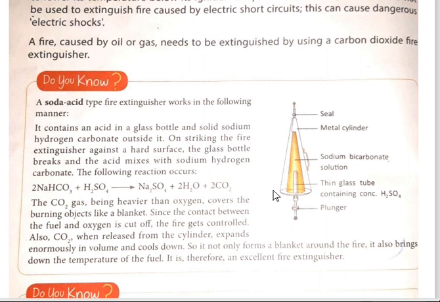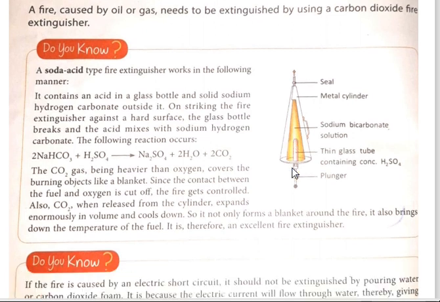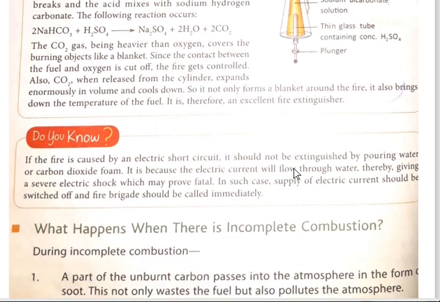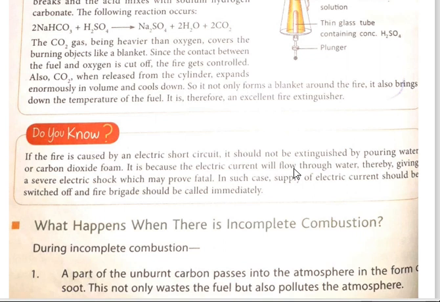In this way this fire cylinder is used for switching off fire. It is very common nowadays, used everywhere because it is portable, and is kept in vehicles, houses, kitchens, everywhere.